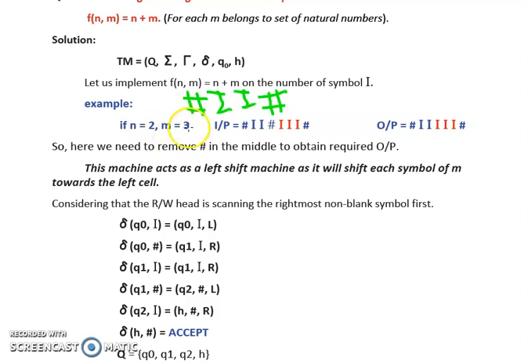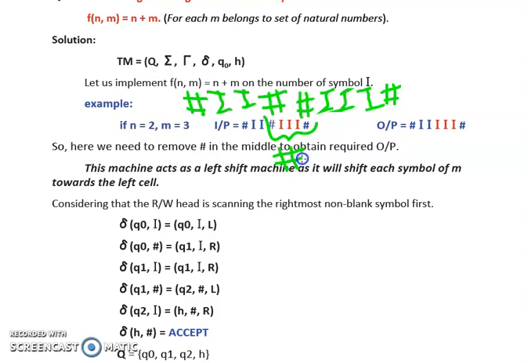Now the other input, the second argument, is m and its value is equal to 3 in this example. So for 3 I's, we are taking the input as 3 I's, and the starting of the string m is also represented using a hash and the ending is also represented using a hash. So over here we can see there are two hashes. These two hashes can be represented using a single hash.